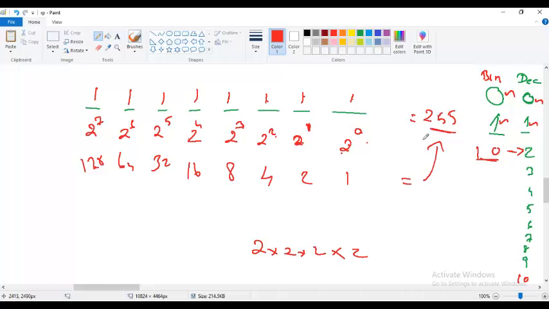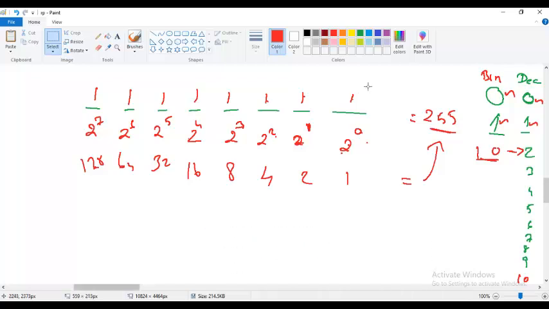Now I'm going to give you one exercise. You're going to tell me the face value. I have 0, 0, 0, 0, 1, 1, 1, 1. What is the value?